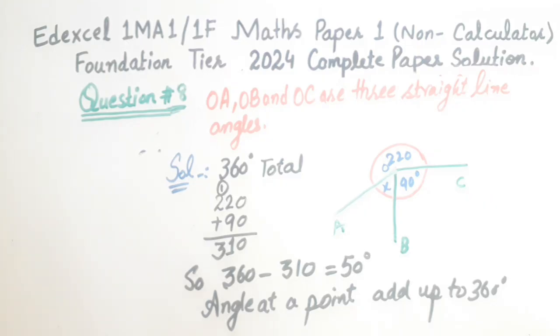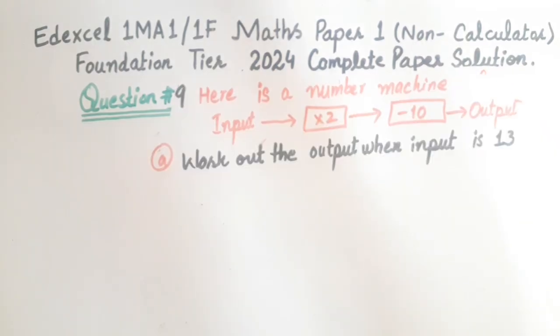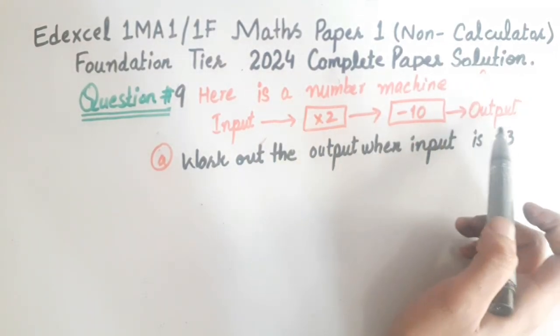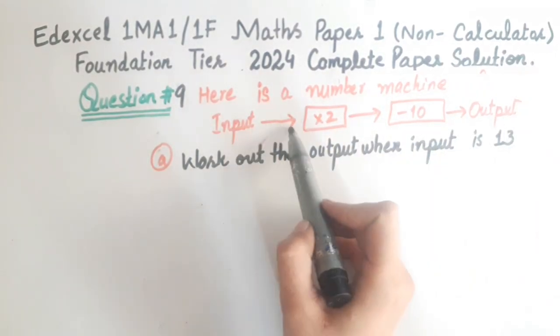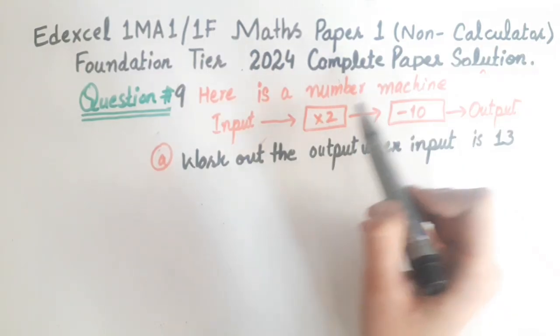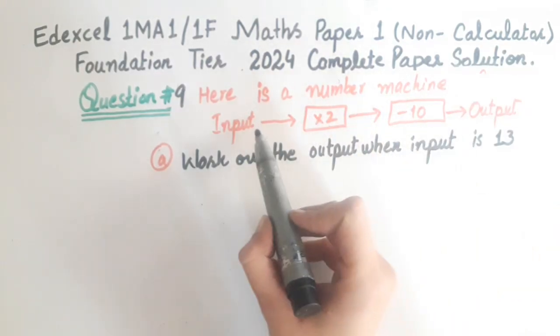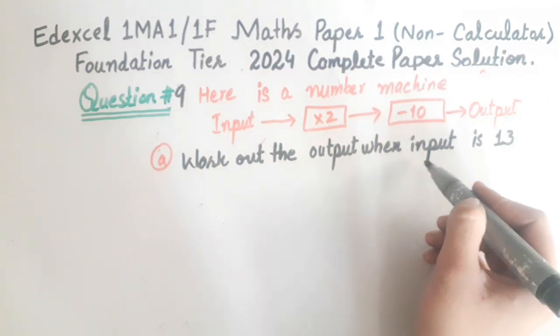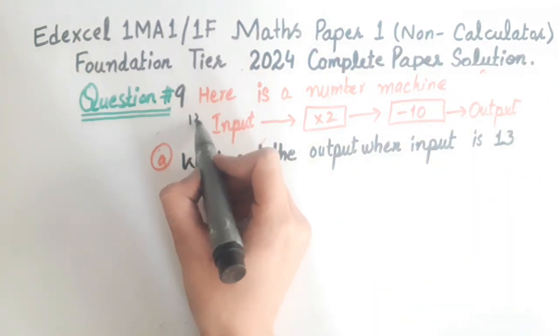Now we will solve question number 9. Here the question number 9 has a number machine. You will input some number, then multiply that number and then subtract 10 from it and get the output. It says work out the output when the input is 13.